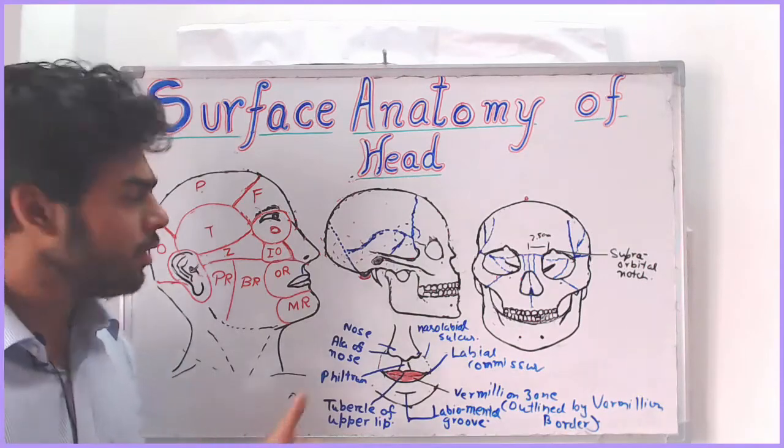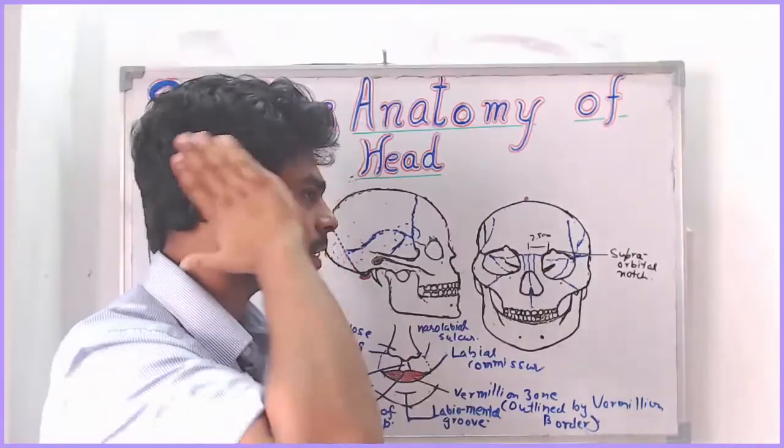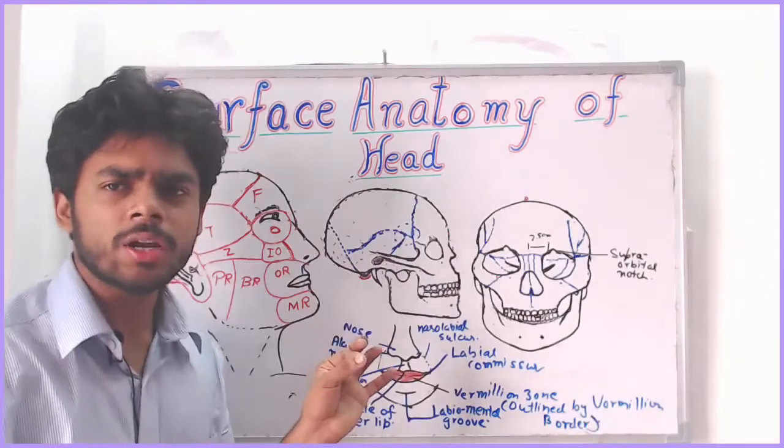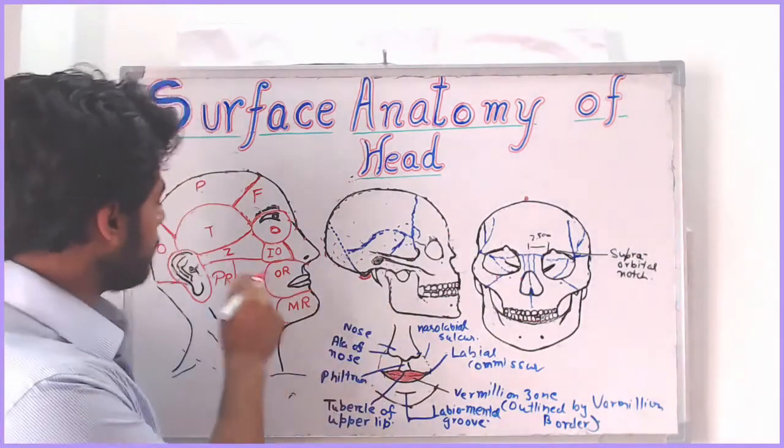It is found on the posterior lateral surface of the skull. Posterior means at the back, and laterally on the side. Here we have a depression which is 2.5 centimeters behind the upper part of the root of the ear.